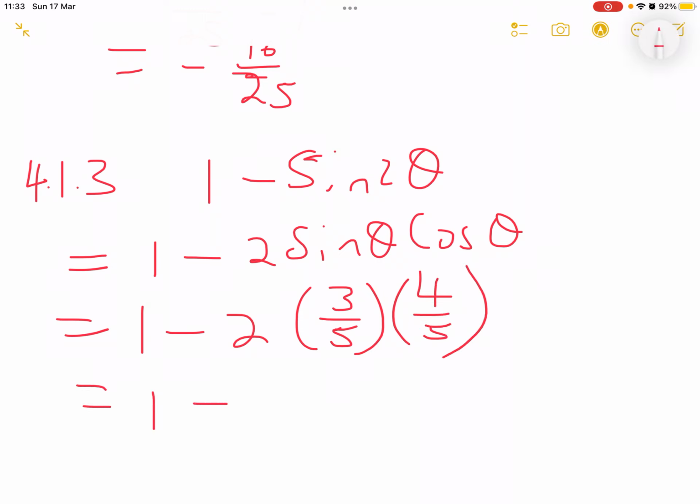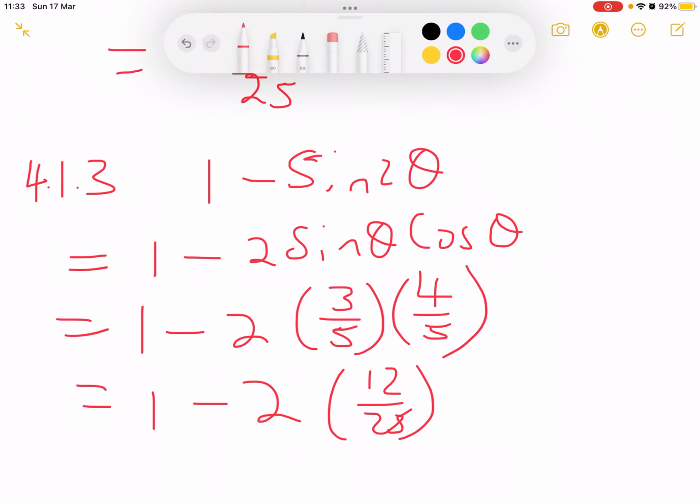Now this is 1 minus 2 times 3 times 4, which is 12 over 25. That looks like a 28, so let's just erase that. Back to this one, 25. Now this will be equal to 1 minus 2 times 12, which is 24 over 25.